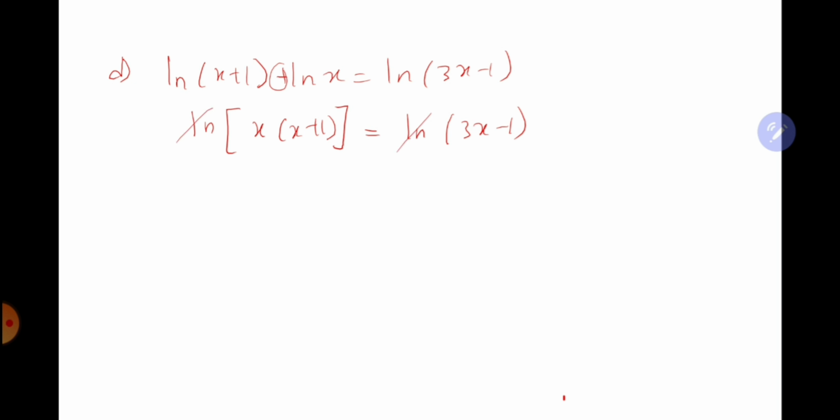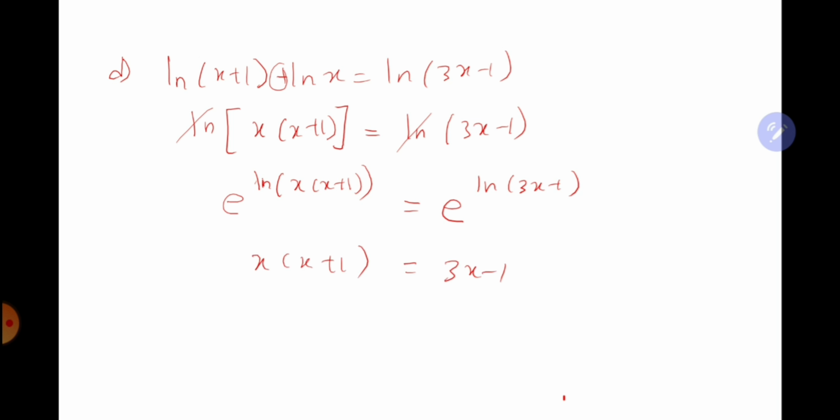Tapi what happened really is sebenarnya this is e of power, sebab ln ni is base e, so you have e of ln x plus 1. Okay, yang ni you ada e of ln 3x minus 1. So e of ln you akan dapat 3x minus 1, yang ni you akan dapat x plus 1.